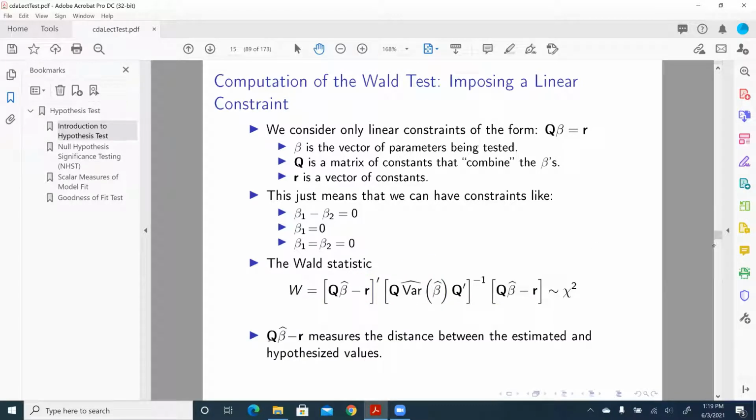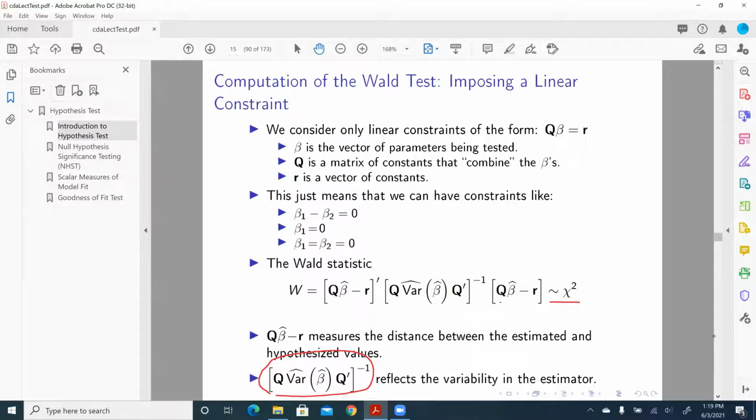So Qβ̂ − R measures the distance in general between the estimated and hypothesized values. And the middle inverse term reflects the variability in the estimator. And why does it follow a chi-square distribution? If you know some basics in mathematical statistics, you should know that. This is a linear transformation of an ML estimator that follows a normal distribution.